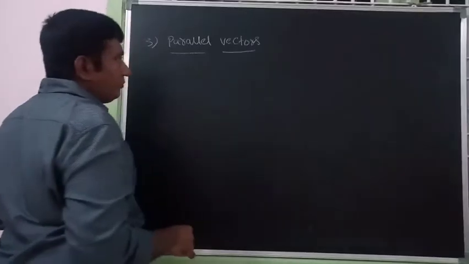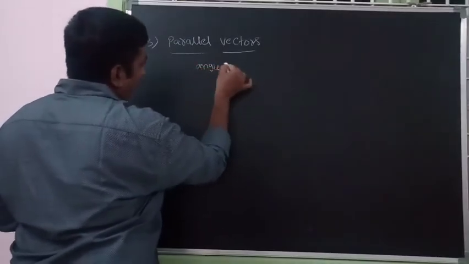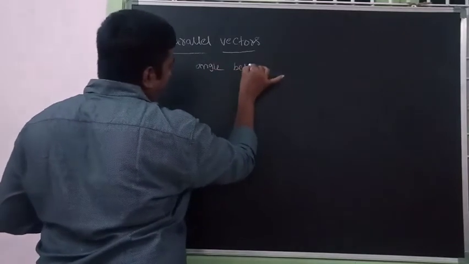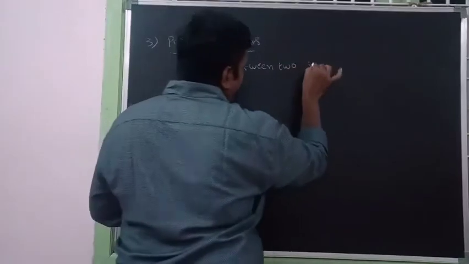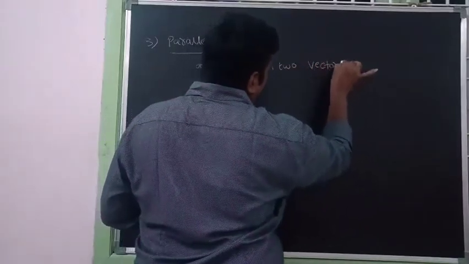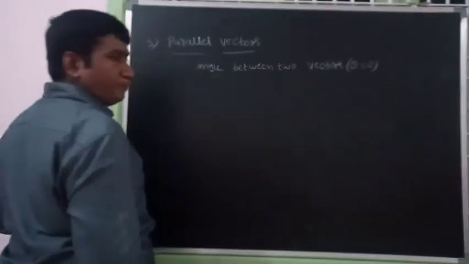In parallel vectors, the angle between the two vectors, theta, is equal to 0.